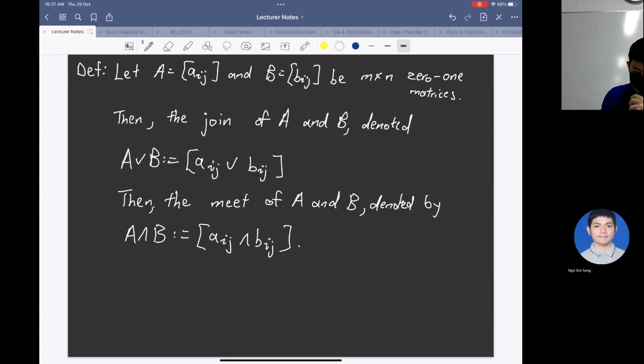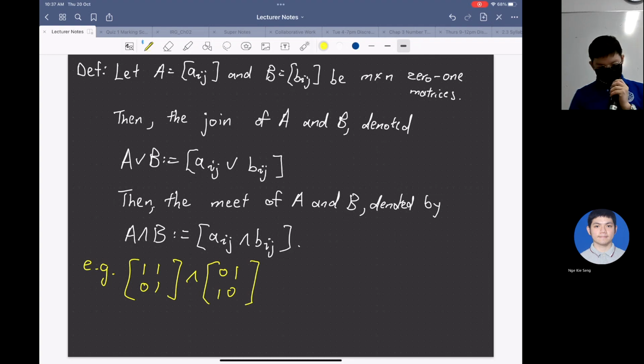Okay, so let's try some easy computation. Let's take the meet of these two matrices here. What do you get on the first entry? 1 and 0. 0, 1, 0, 0.